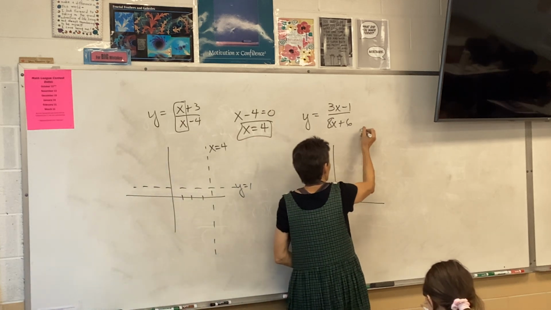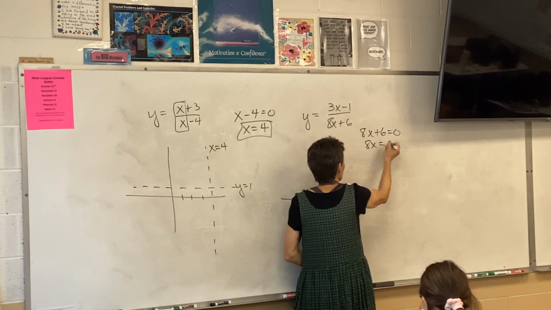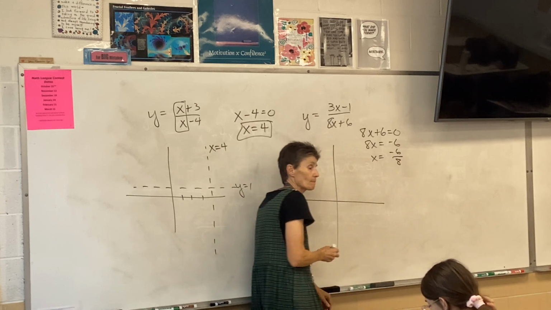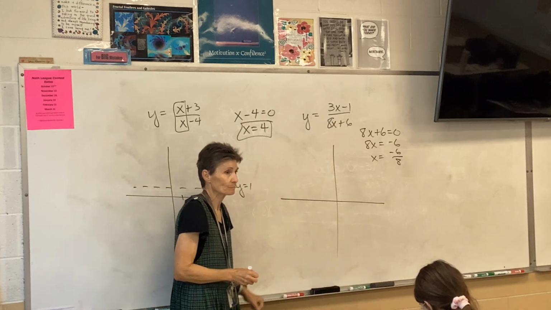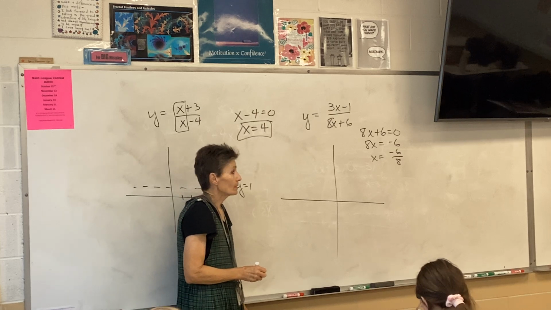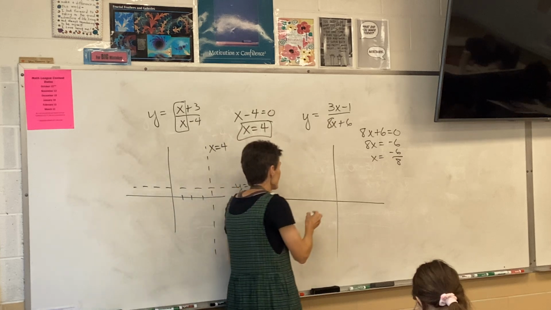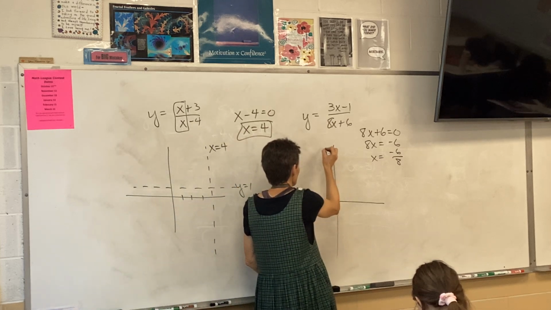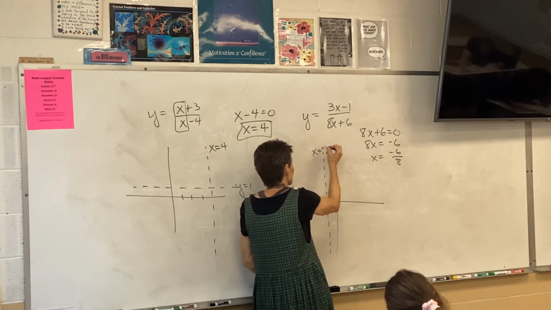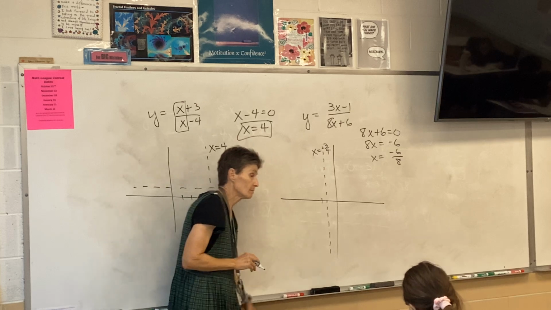So I'm going to set that equal to 0 and figure out where my asymptote is. Where is it? Negative 3/4 if I reduce. So here's negative 1, so negative 3/4 would be in here somewhere. And that's perfectly okay. Fractions are okay.